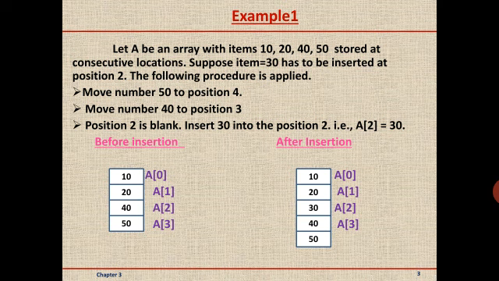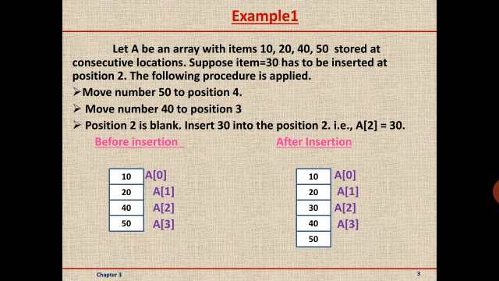So in the array we know that the position starts with 0. So 10 is stored at position 0, 20 is stored at position 1, 40 is stored at position 2, 50 is stored at position 3. Suppose I want to insert a new item, say for example 30. Item means new element. I want to add it in the array at a position. What position? 2 here I have taken.